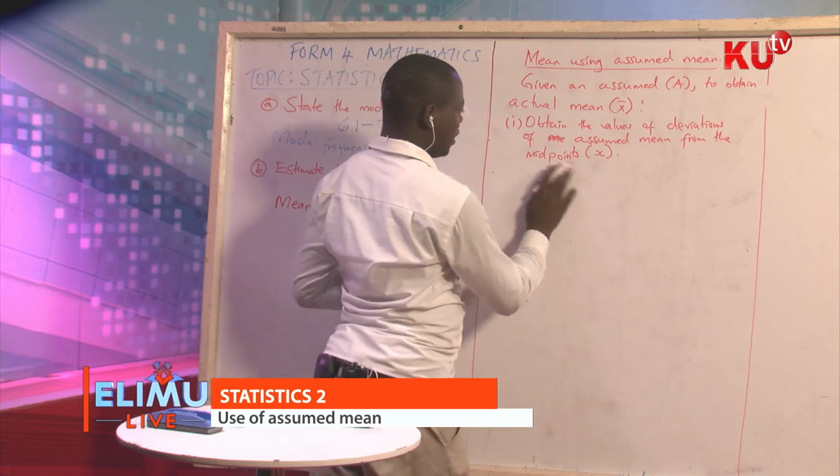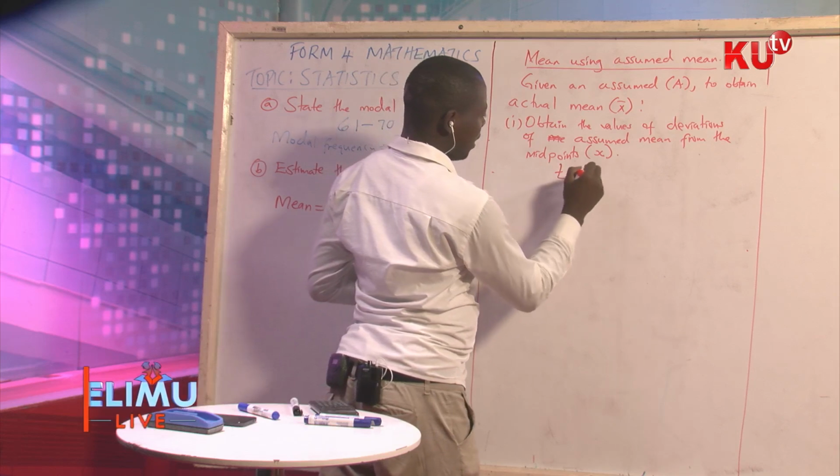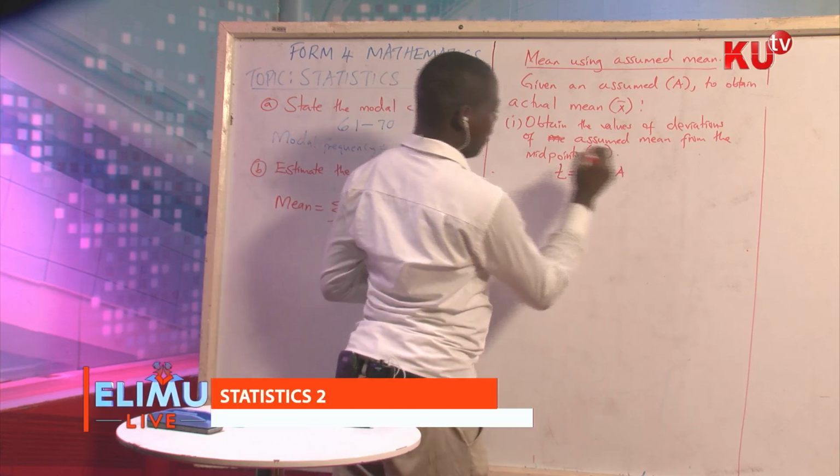So it can be T being X less the assumed mean.